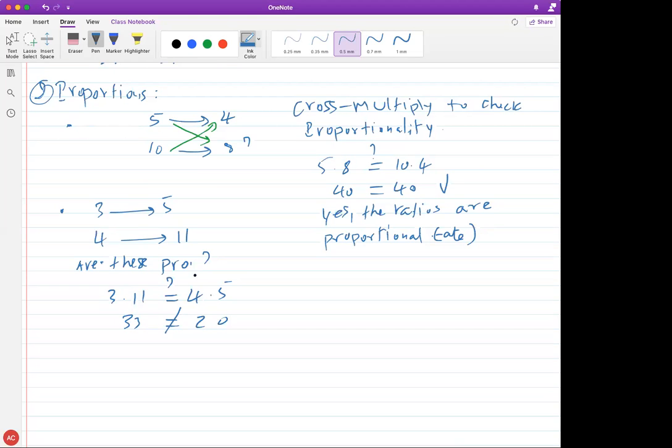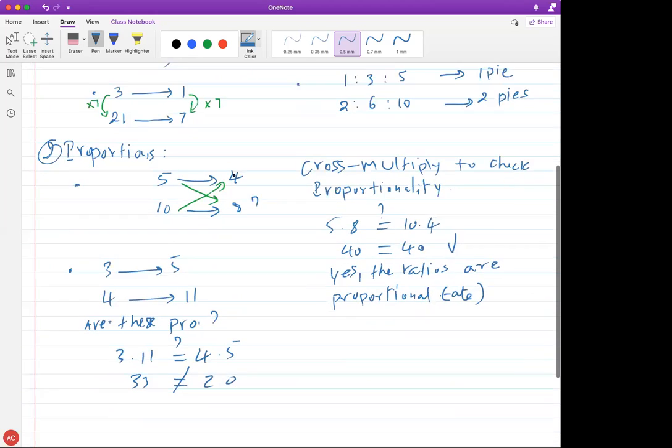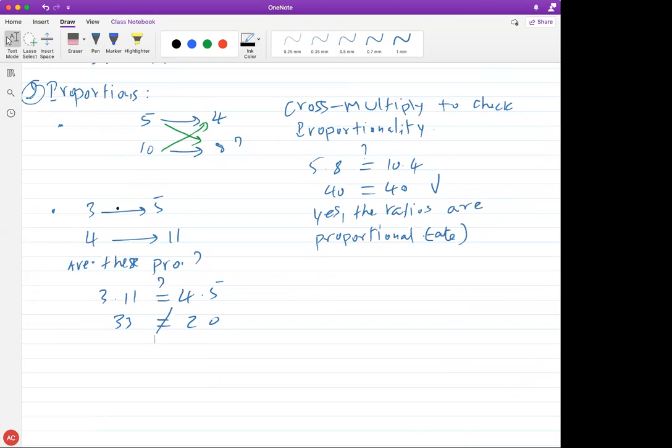So you can't rely on this proportion. It's wrong. The formula here is not going to help. If you use it to buy items or to cook stuff, something will be off and you won't get the result you desire. So you say the two ratios are not proportional.